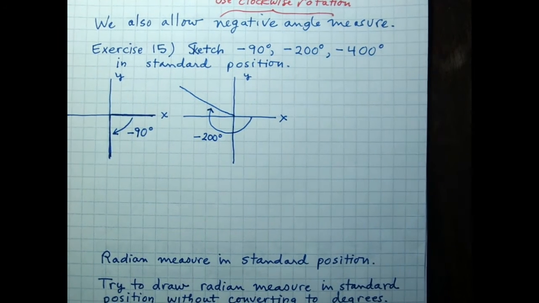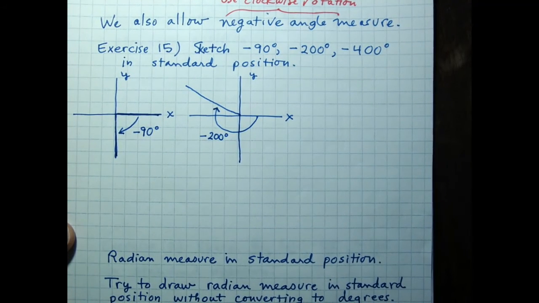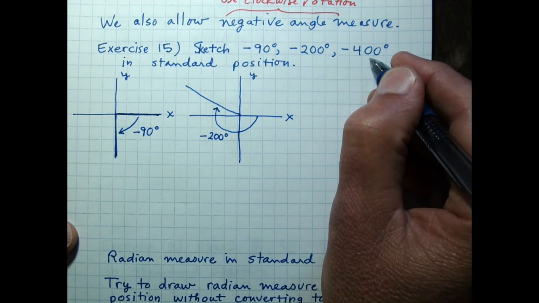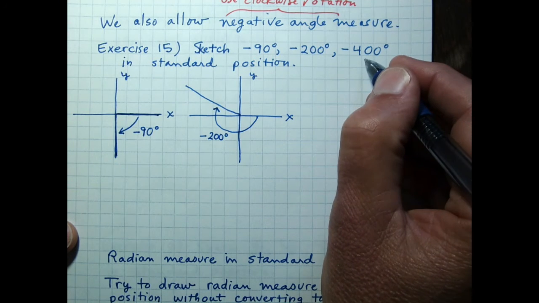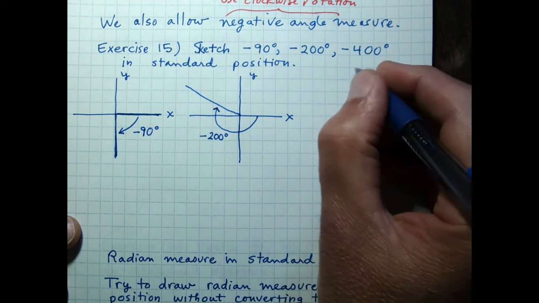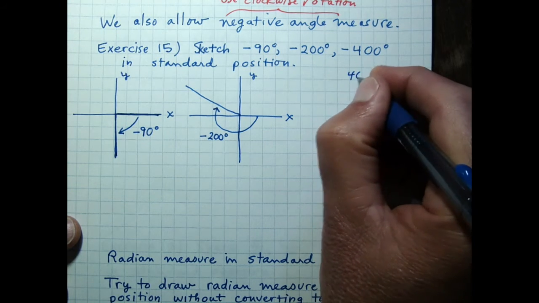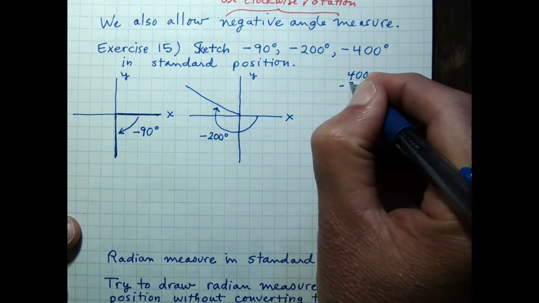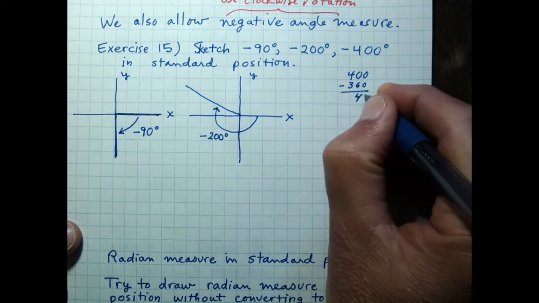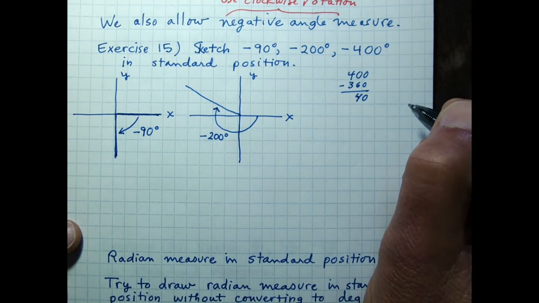And one more of these, negative 400. Now, that's more than one full negative rotation around the circle, right? Because negative 360 would be one circle. So don't get all hung up on the positive or negatives. Just take 400 and subtract 360, and that leaves me with 40 more, right?